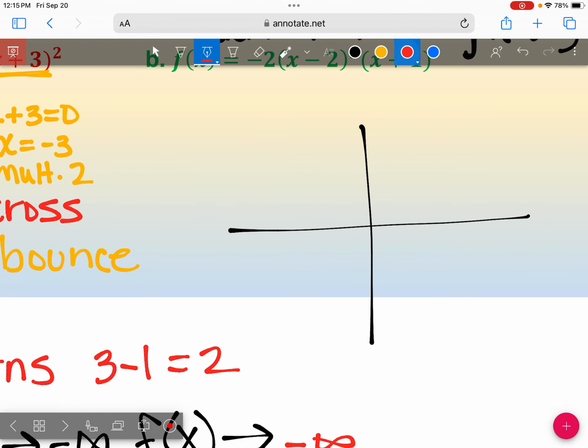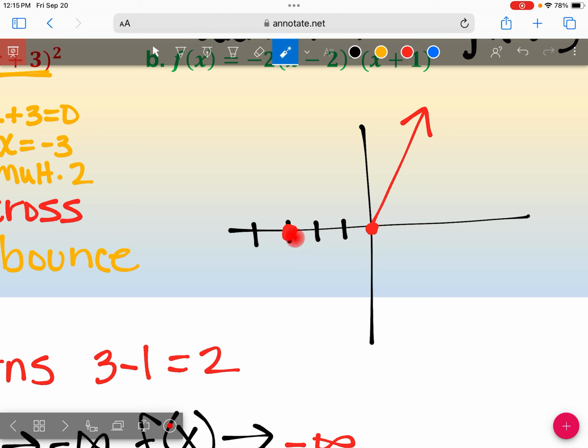So I'm going to put a point at 0, and then I'm going to put a point at negative 3. Now we already know that according to my end behavior, from this far right zero, is it going to go up or am I going to draw an arrow going down on the right? It's going to go up.